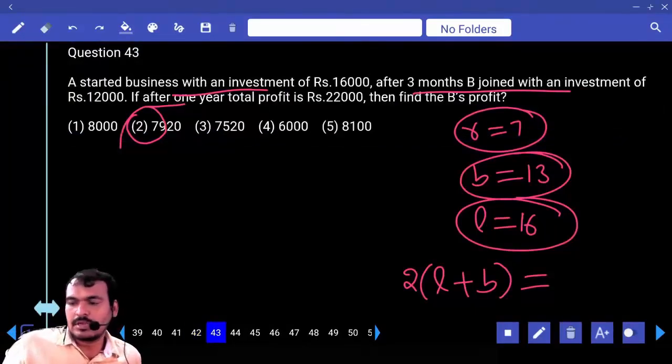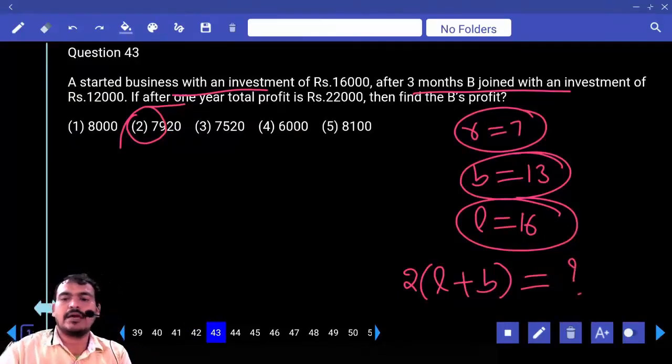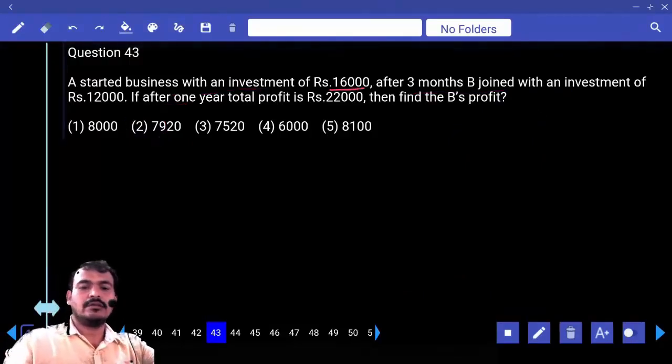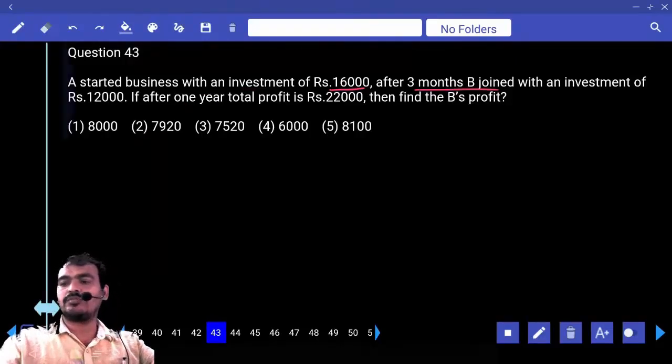Next, 43. A started a business with an investment of 16,000. After 3 months, B joined with an investment of 12,000. If after 1 year the total profit is 22,000, then find B's profit. What is the initial investment of A? 16,000. After 3 months, who joined?